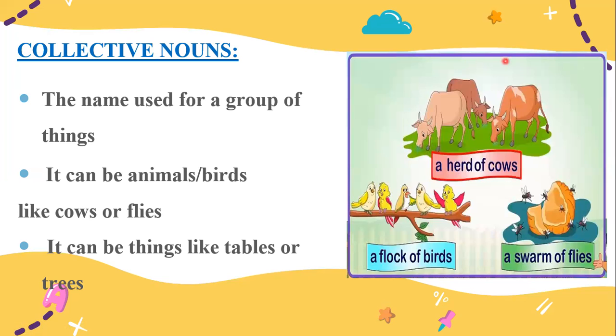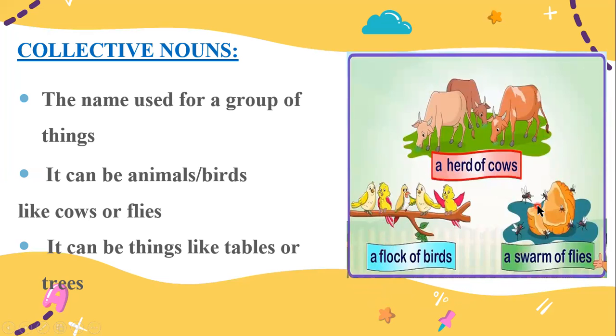That group of cows we call a herd of cows. Herd means in a group. The same with birds. We'll say, there are very cute birds. What do we name that group? A flock of birds.